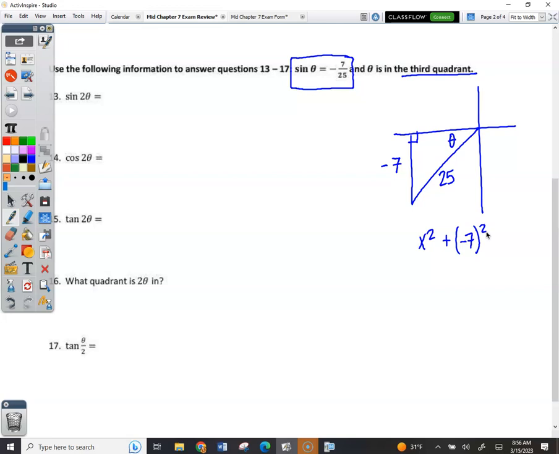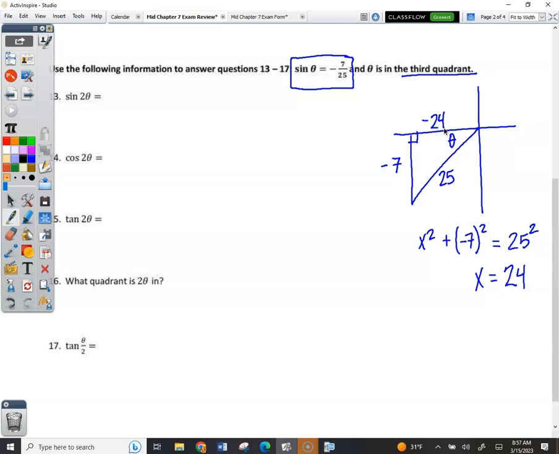But this negative is getting squared, and some of you forget to do parentheses in your calculator when you're squaring a negative, and it will spit it out as a negative, and it's not. It's supposed to be positive. So watch your signs there. You end up finding that x is 24, but I'm in quadrant 3, so x is actually, what? Negative 24. So watch that.